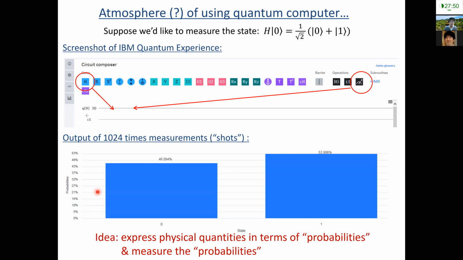Then we can get a histogram of the probabilities of each computational basis state inside the state. So the idea is to express a physical quantity in terms of probabilities and measure the probabilities. Roughly speaking, this is the idea of quantum algorithms.